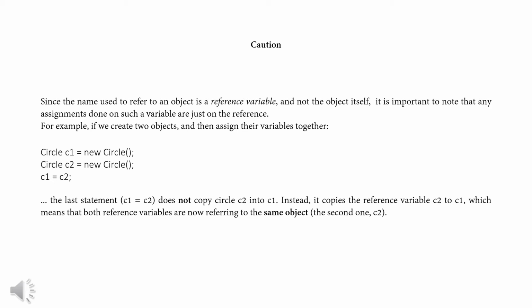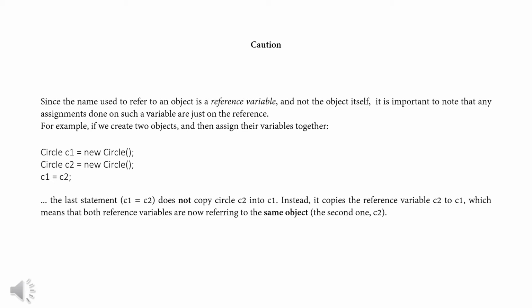So here, there is a very important point that you need to keep in mind, okay? As I mentioned, we have the reference variable, right? We declare the reference variable. The point here is that this variable is the reference variable. So when you declare this reference variable and you create the object, this reference variable is actually referring to that object. It's not like this variable is that object.